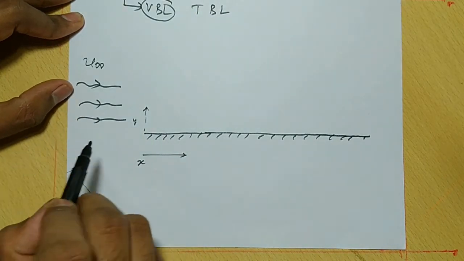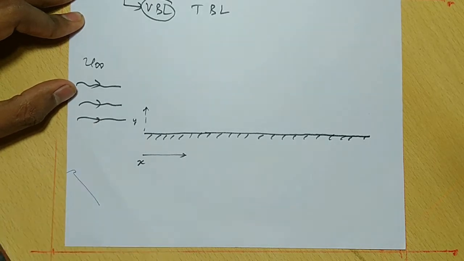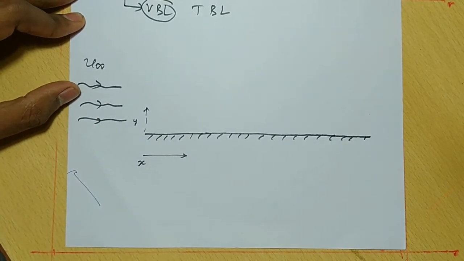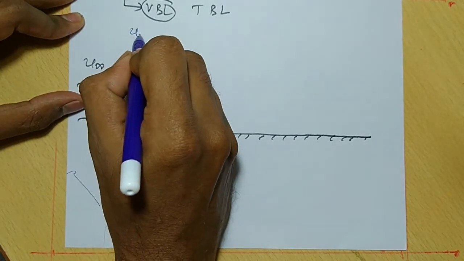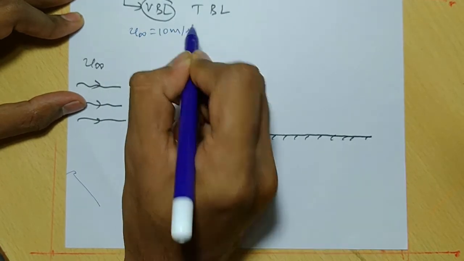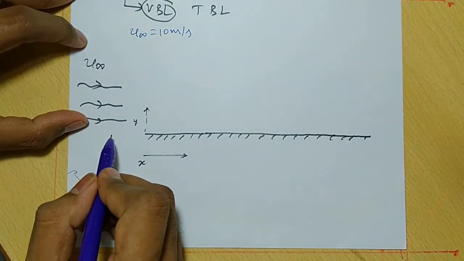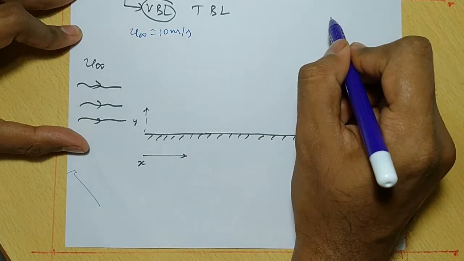For our understanding purpose, consider the free stream velocity U infinity is equal to 10 meter per second, and this fluid is moving layer by layer.